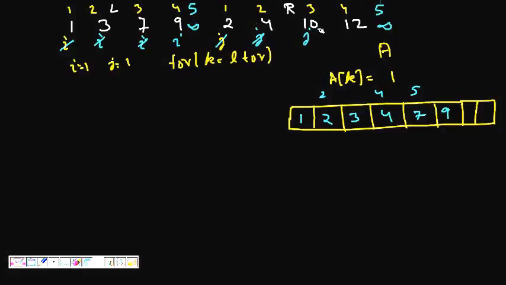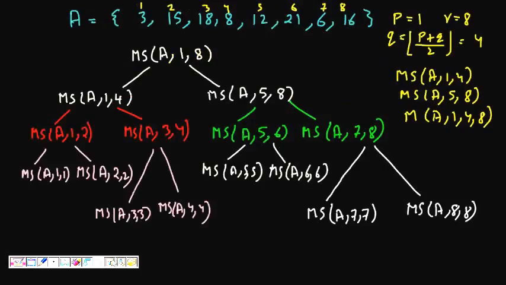R of 3 is compared with L of 5, which is infinity, so 10 gets copied here, j is incremented, and now R of 4 is also less than L of 5, which is infinity, so 12 is copied here. Okay, so this way we saw that in theta of n time we can merge two sorted arrays. Okay, so this is done.